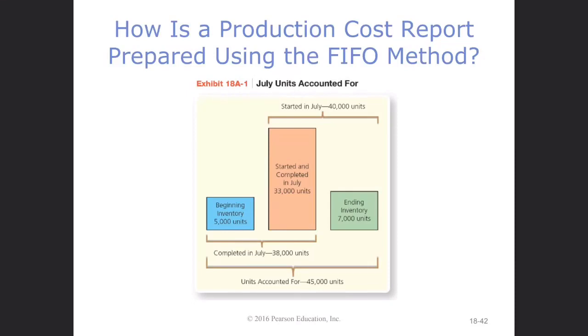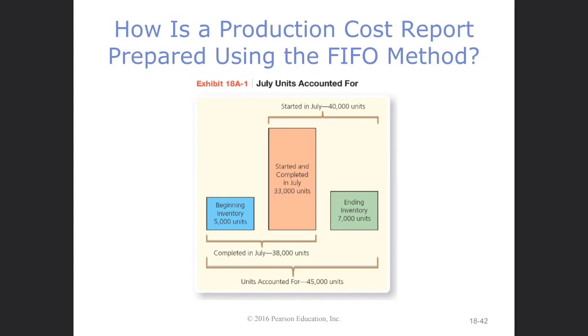Here we're looking at July's units accounted for. When we started in July, we had 40,000 units. We completed 33,000 units that we had started in July.